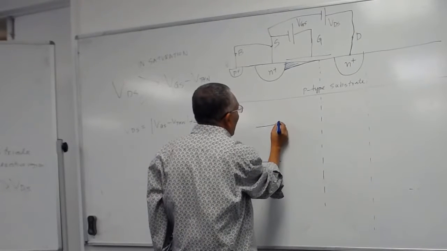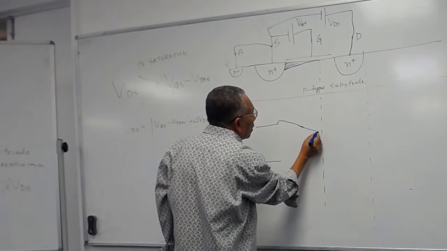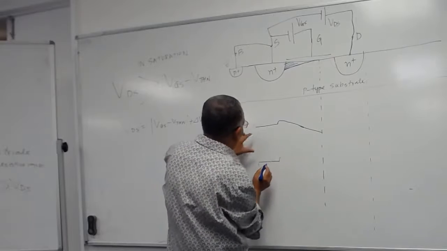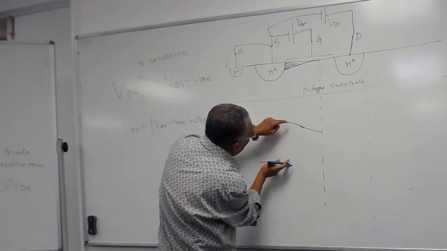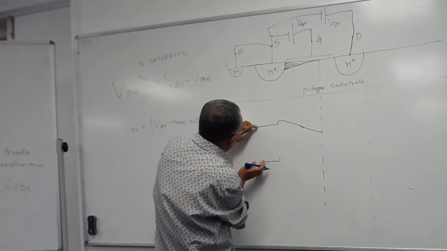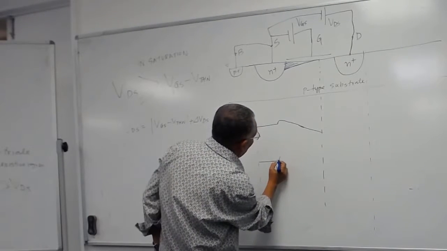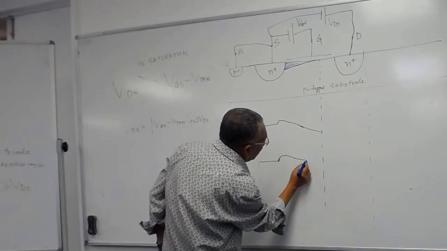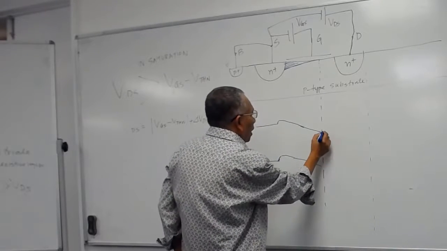Of course, there is a small barrier, and you go down like this, up to here. The small barrier goes up, and the same gap. It's very difficult to draw this. So this goes up and goes down like this, up to here.